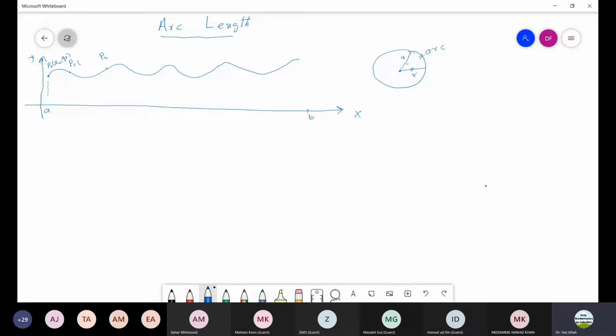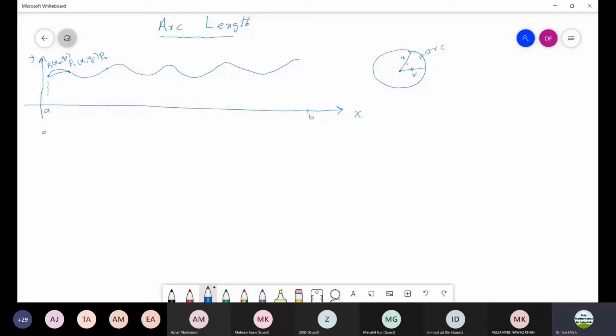Let us say the coordinates of point P naught are x naught, y naught. The coordinates of point P1 are x1, comma, y1. So from P naught to P1, we draw a line, and then we find the distance between P naught and P1.